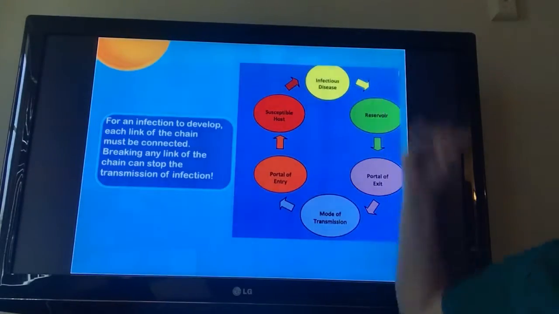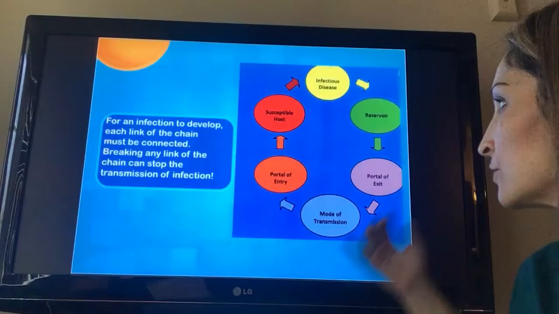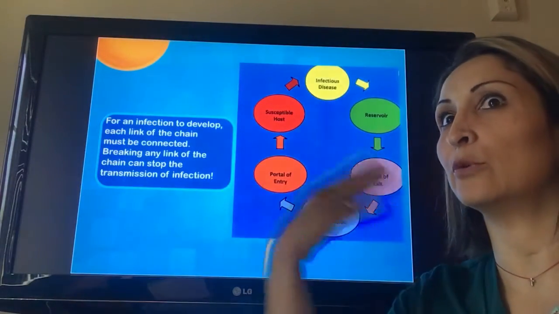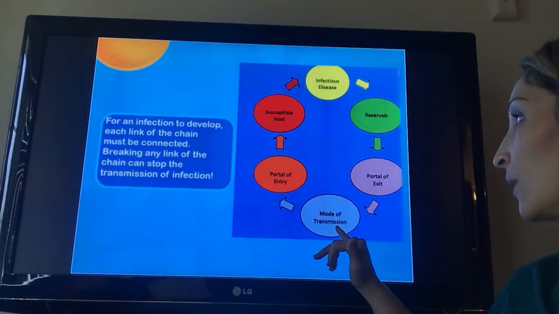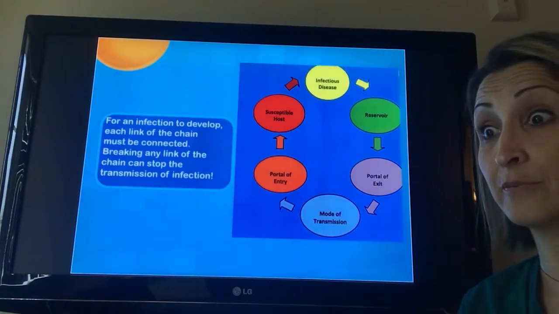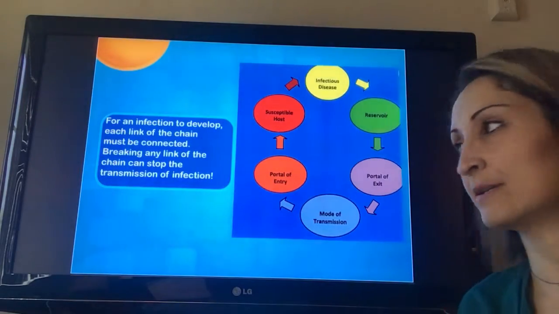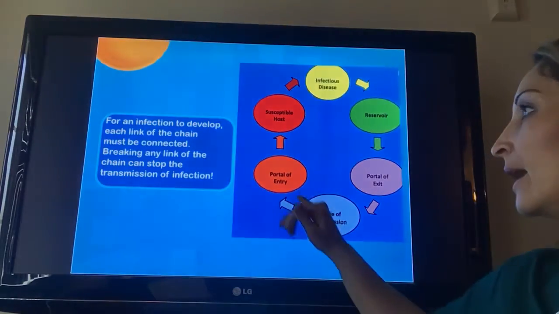So we have the infectious disease or the pathogen, we have the receiver or the host, we have the portal of exit, which will be how it will be exiting that host. We have the mode of transmission, how it will transmit to another organism, or to another person.